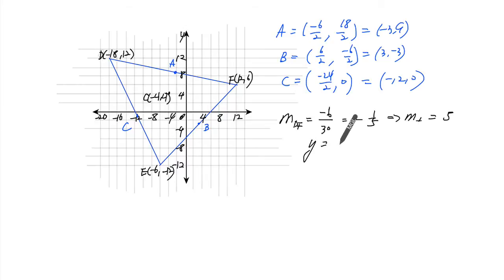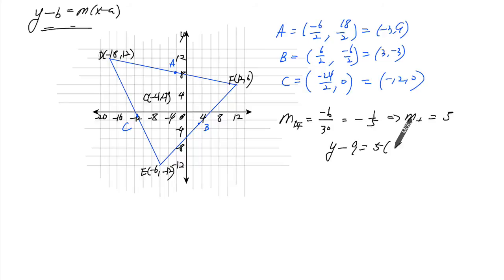I'm going to use this form here: y minus b is equal to m times x minus a. This is called the point slope form. I have my slope, I have my point, so I can write y minus b, where b represents the y coordinate of the point that I have, equals 5 times x minus a, where a represents the x coordinate of the point that I have, which is minus 3.